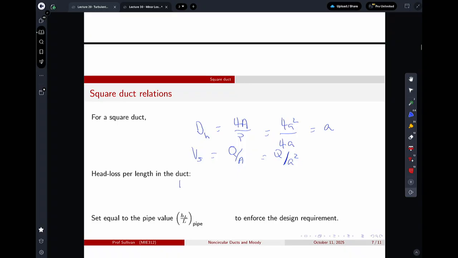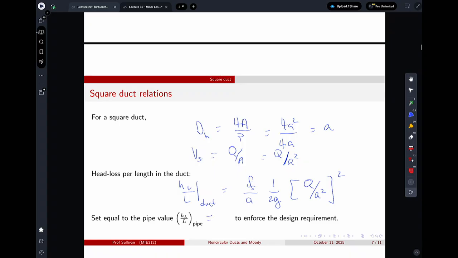Head loss in the duct is going to be Fs over A, times 1 over 2G, times Q divided by A squared, squared. So again, I have all the information there. I have just substituted in everything, and I'm coming up with the same thing, except recognizing that this is now for the square duct, not for the pipe.